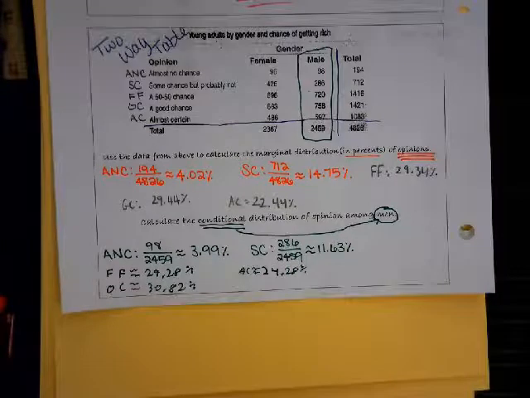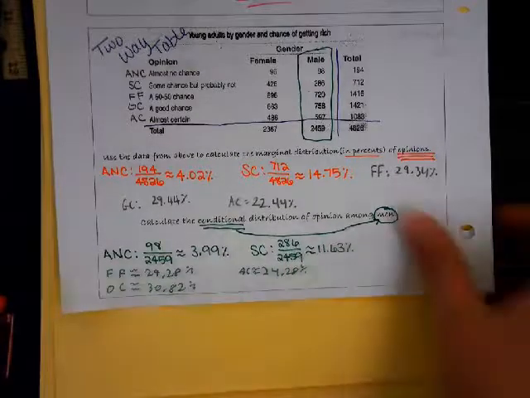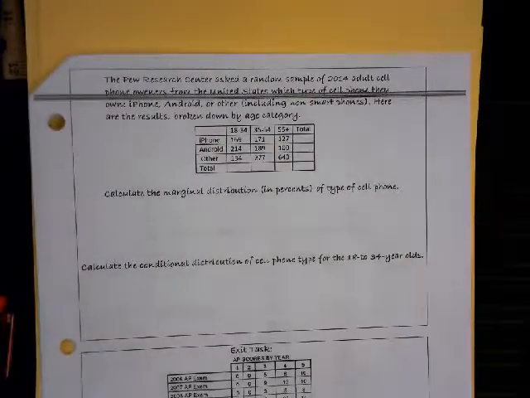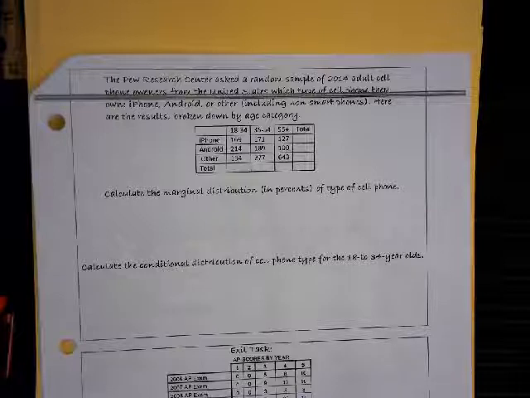All right, so this one says that the Pew Research Center asked a random sample of 2014 adult cell phone owners from the United States which type of cell phone they own: iPhone, Android, or other, which includes non-smartphones.